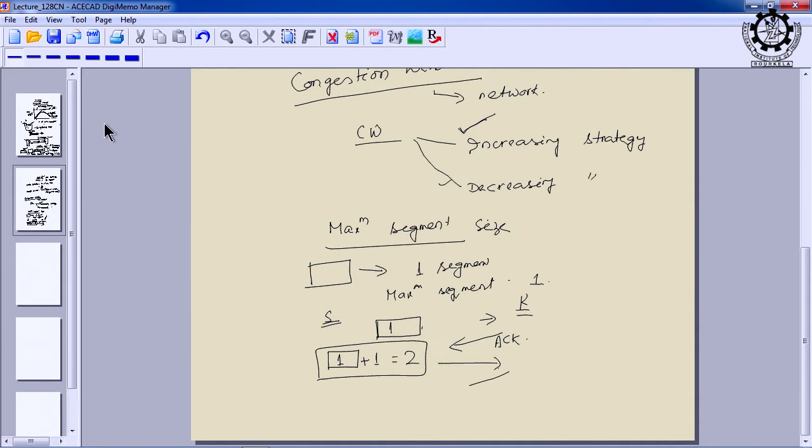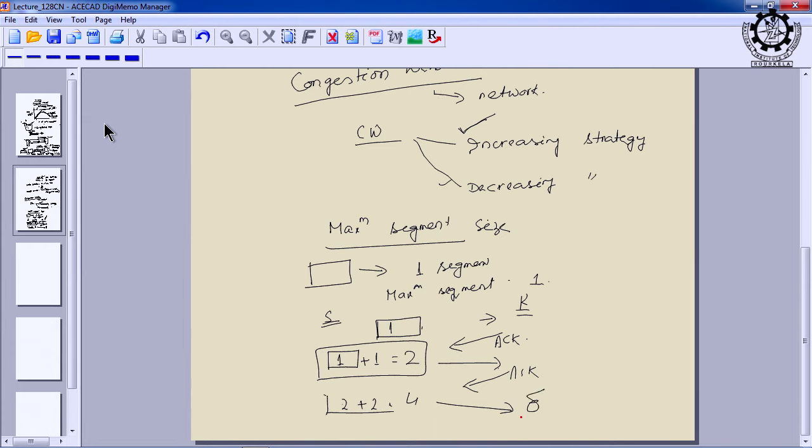Once the next acknowledgement comes, the size becomes 2 plus 2, which is equal to 4, so 4 segments are now transmitted. This is how the increasing strategy takes place till the threshold, which is usually half of the maximum carrying capacity, is reached.